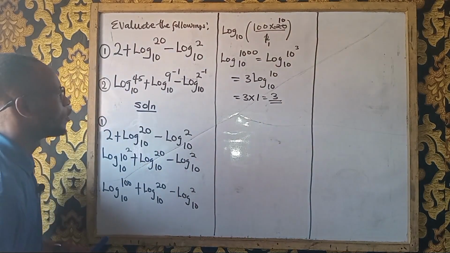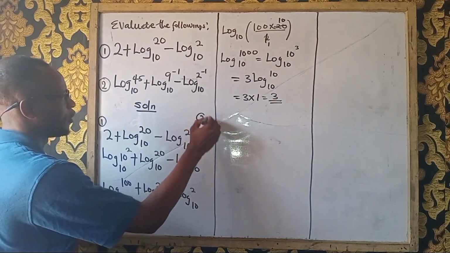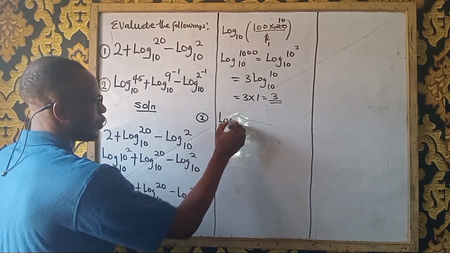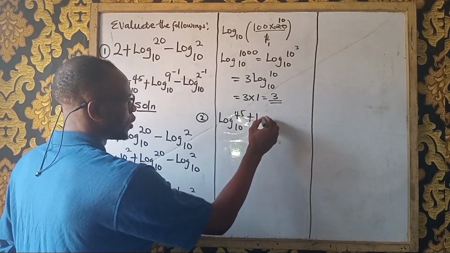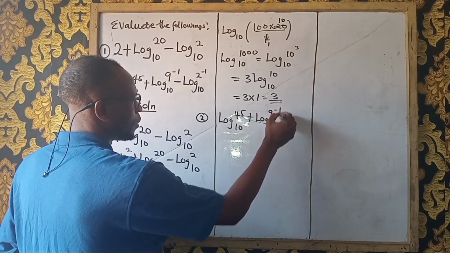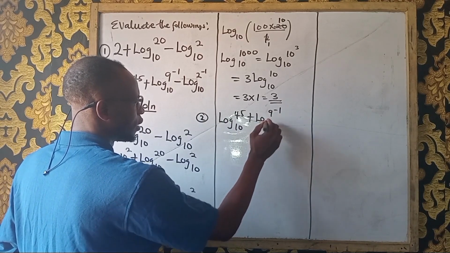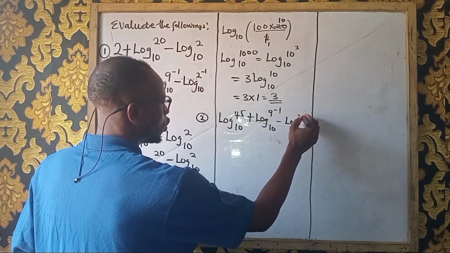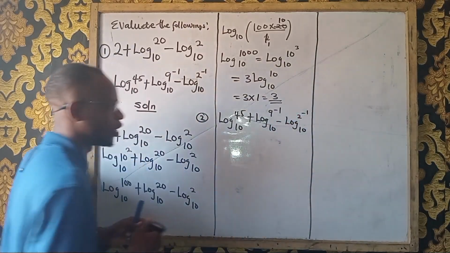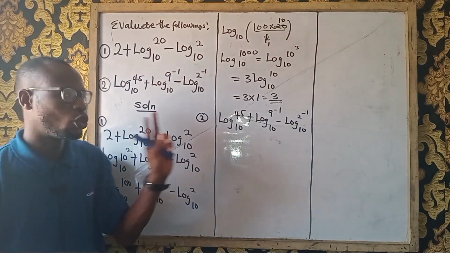Okay, so let's move over to the next one. We have log 45 in base 10 plus log 9 raised to power minus 1 in base 10, minus log 2 raised to power minus 1 in base 10. Now, you can solve these problems in 2 ways.